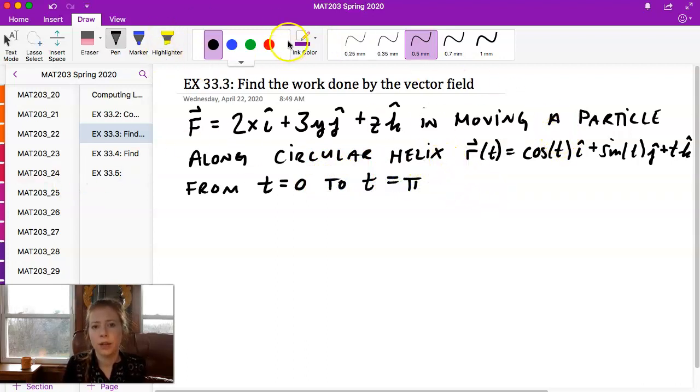So now let's start with r of t. Okay, which is given to us. Just going to rewrite it.